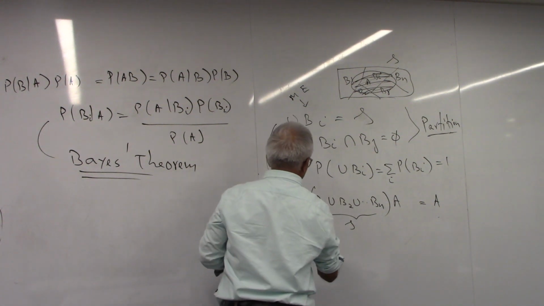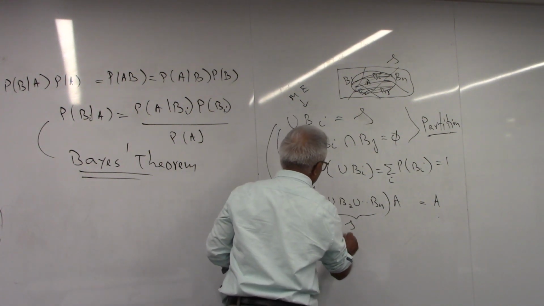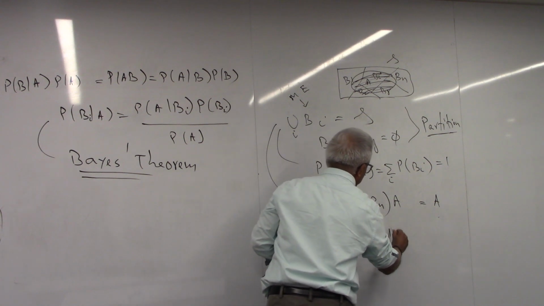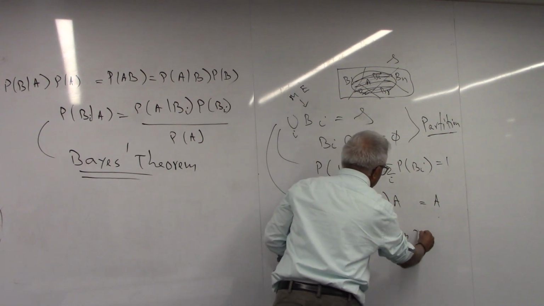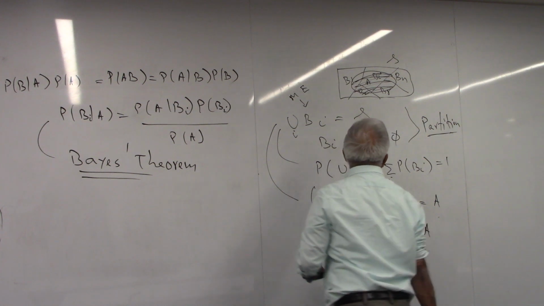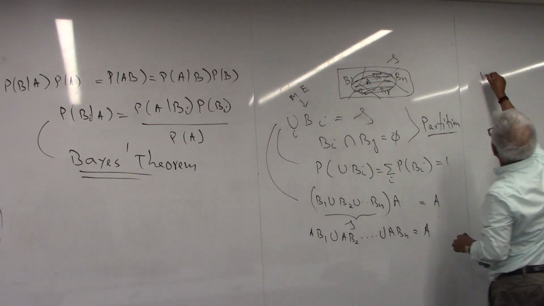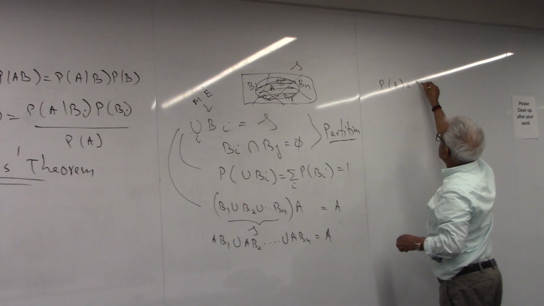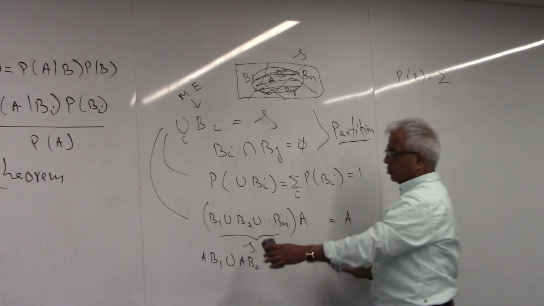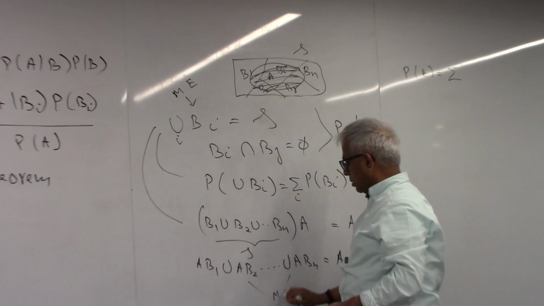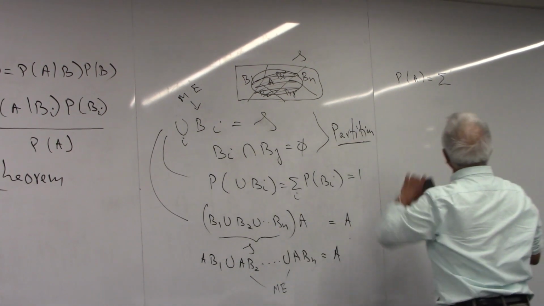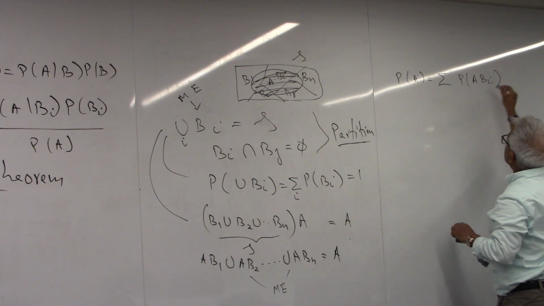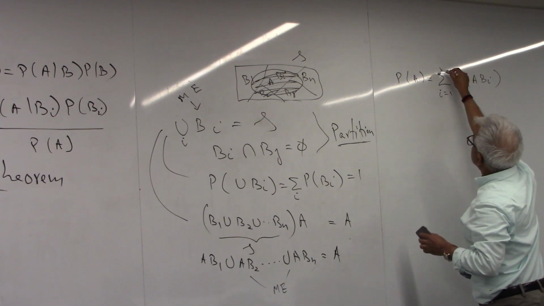So the left side you can write as AB1 union AB2 etc. union ABn, which is A. So we get the probability of A is the summation of, because these are mutually exclusive, the sum of the probabilities of ABi, i equal to 1 through n.